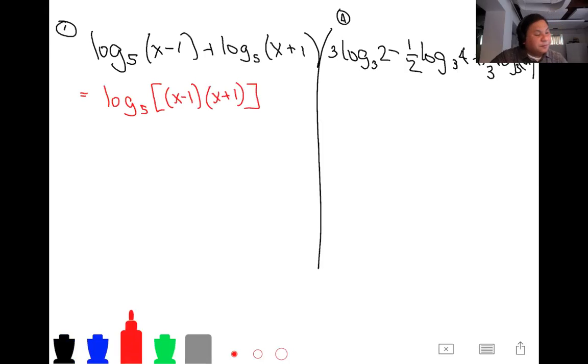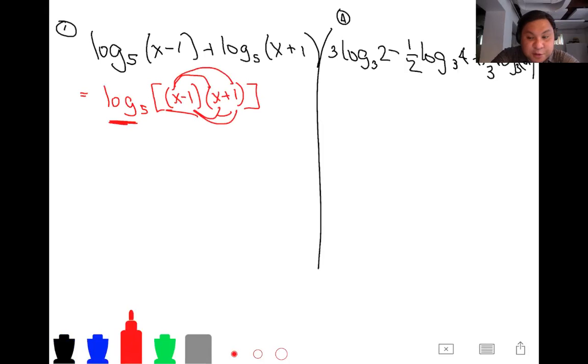So there you have it. You already have one logarithmic expression here. If you want to further simplify that, you may do so. Now remember, these two are binomials, so therefore you need to FOIL them.